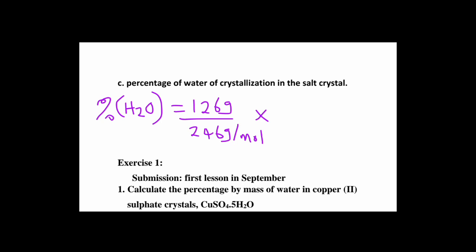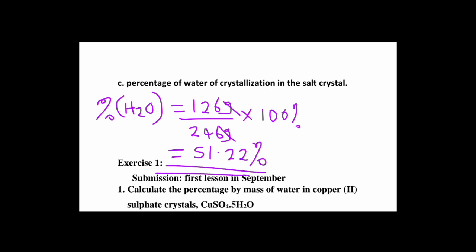We have converted it to mass, so we are not supposed to say per mole, so it's just 246 grams times 100%. So the mass and the mass will go, where our total percentage now will be 51.22%. This is the answer.